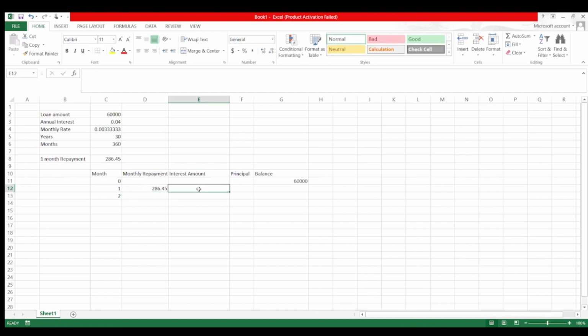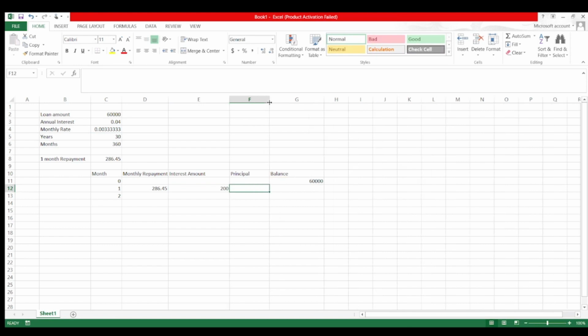The interest payment for the first month will be equal to the monthly rate multiplied by the loan balance at the beginning of that period. In our case, it's the 60,000. For the principal, we'll simply subtract the interest from the monthly repayment.